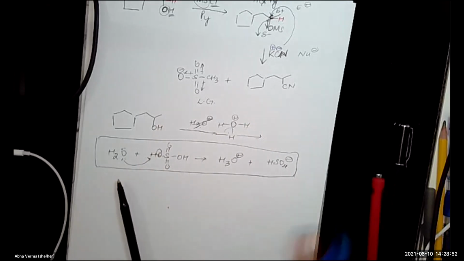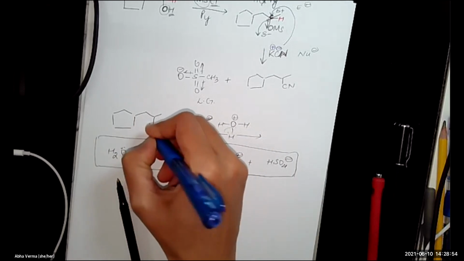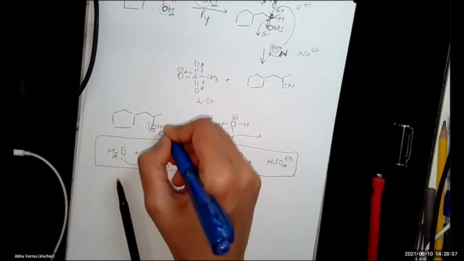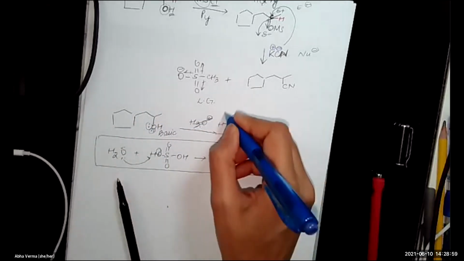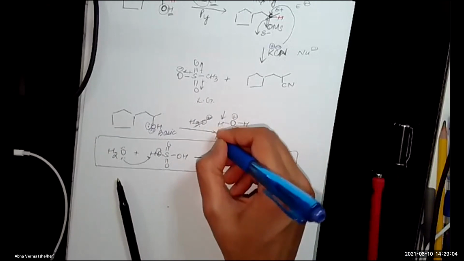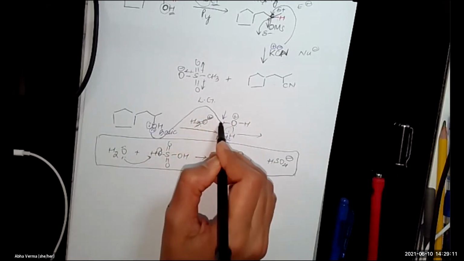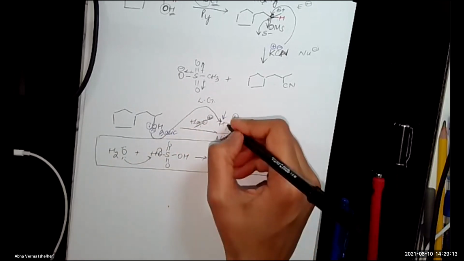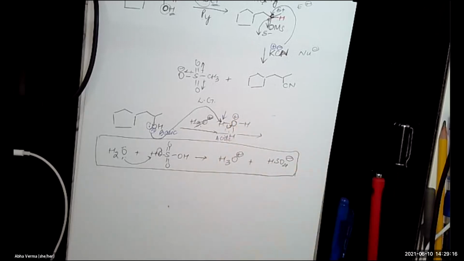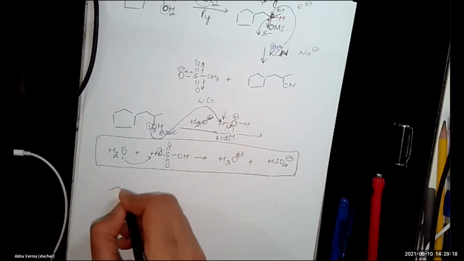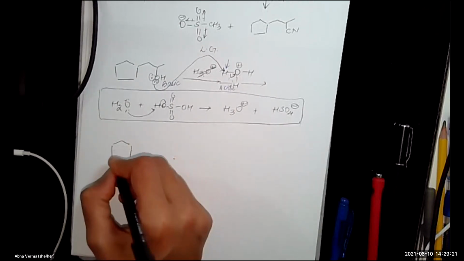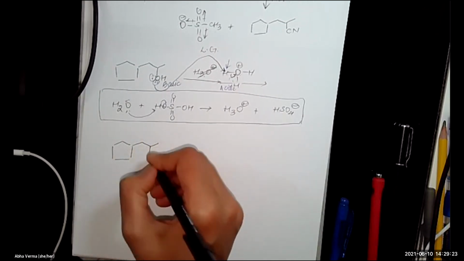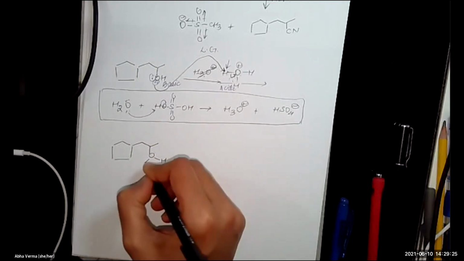So this oxygen is going to act as our basic site. This hydrogen, or any of these hydrogens for that matter, is going to be our acidic site. My base will go and abstract a hydrogen, kick out this bond, and this acid-base complex will form.